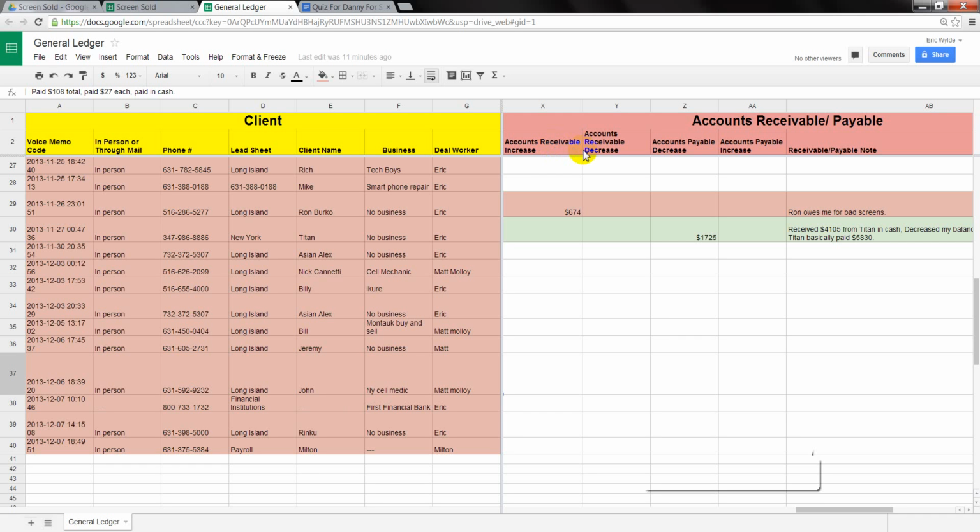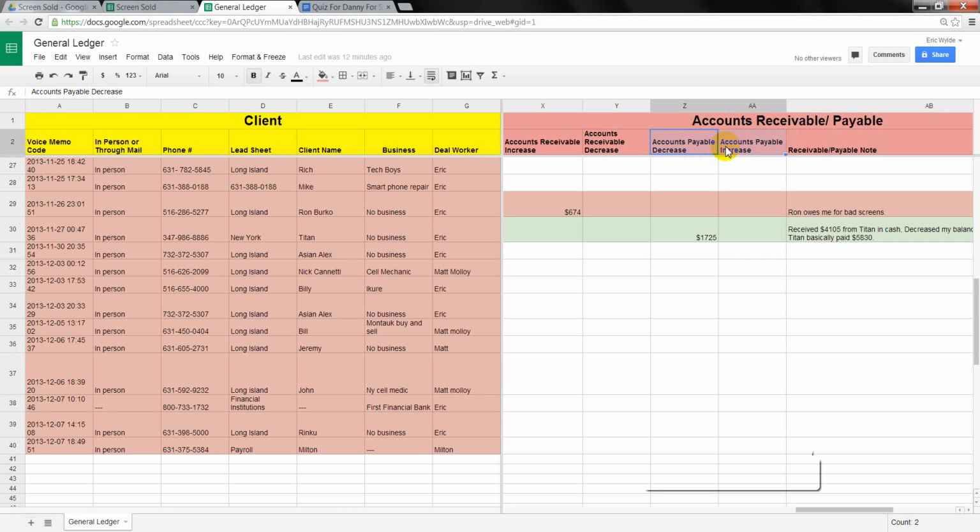The next type is accounts payable decrease and accounts payable increase. You may say, hey, why isn't it increase and decrease again? Well, when we say payable decrease, we really mean debit. We're getting into debits and credits. To make it simple, just live with that.